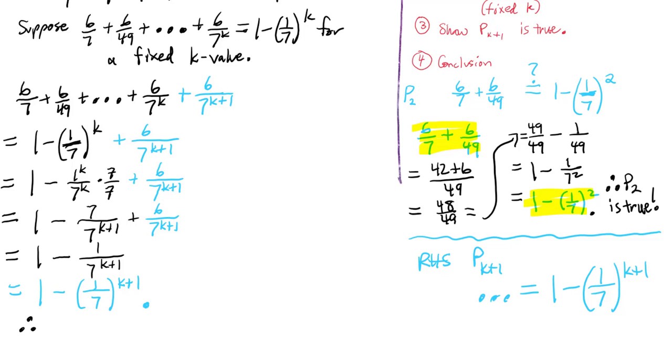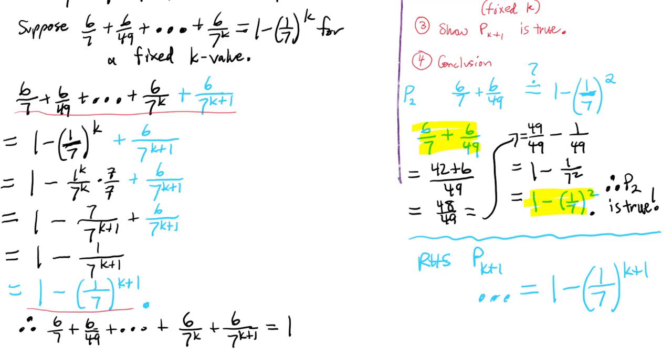Let's see, what have you just shown? You have shown that this is equal to that. So I'm just going to restate that. Therefore, 6/7 plus 6 over 49 plus dot dot dot plus 6 over 7 to the k plus 6 over 7 to the k plus 1 is now equal to 1 minus the quantity 1/7 raised to the k plus 1 power.